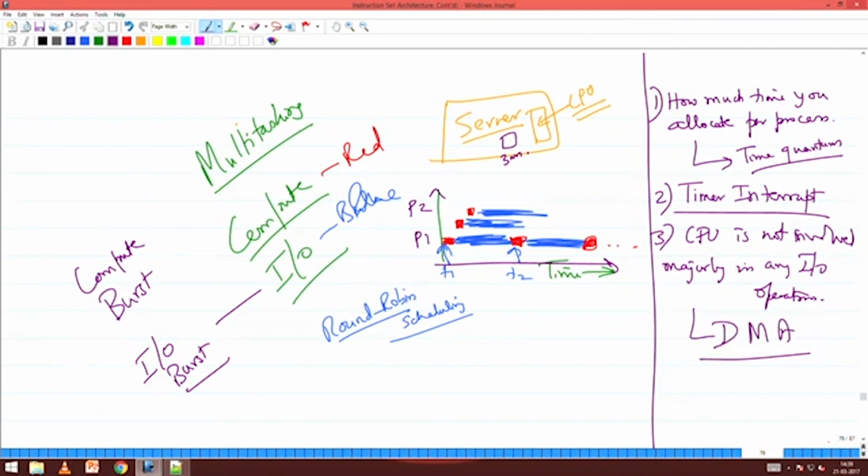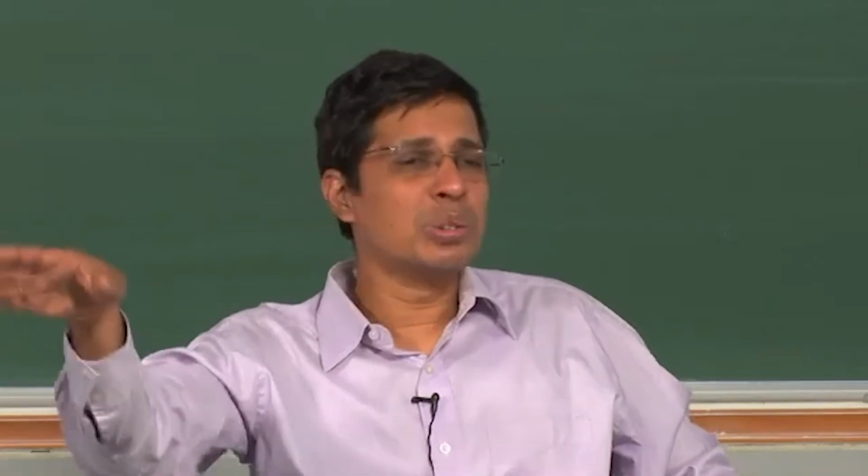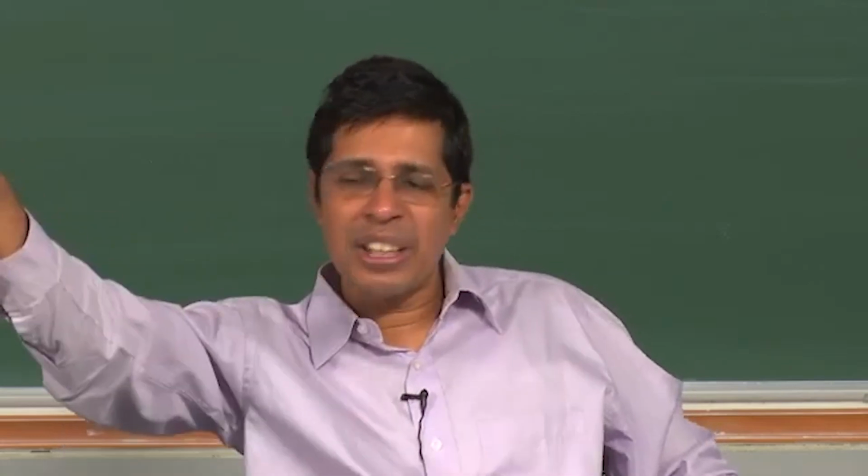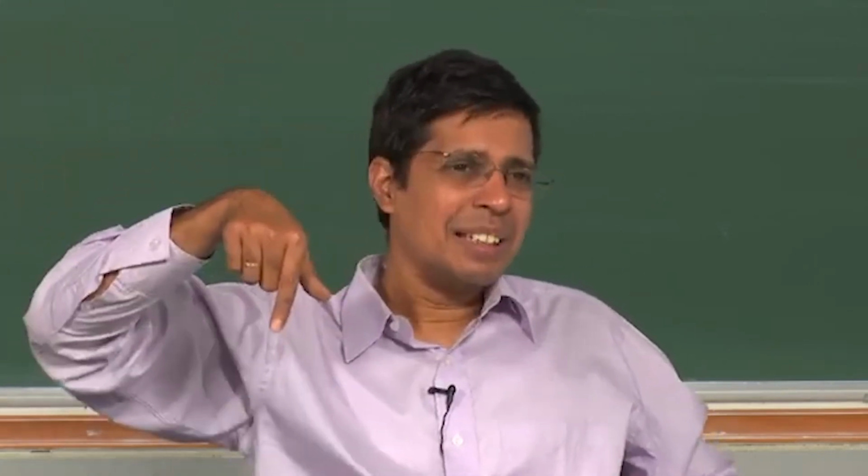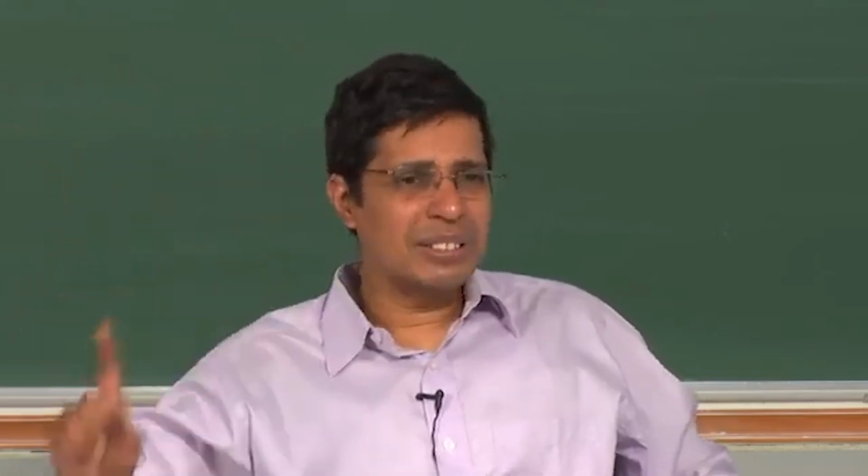What is direct memory access? Yesterday I explained to you, we bypass the CPU. So when he has moved out, he needs to do some IO, there will be some peripheral which will be talking to his memory and reading and writing from the memory.